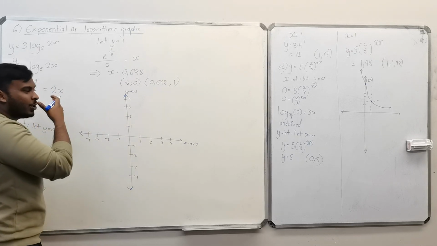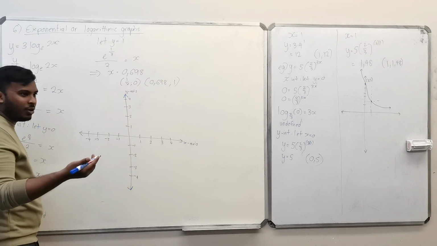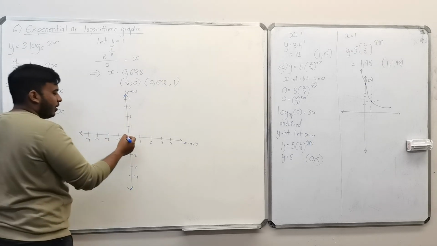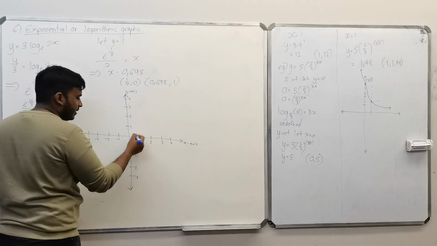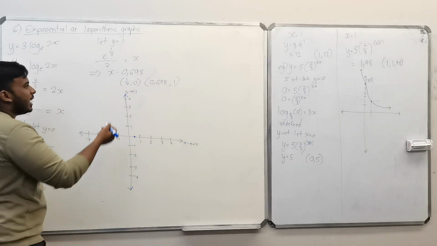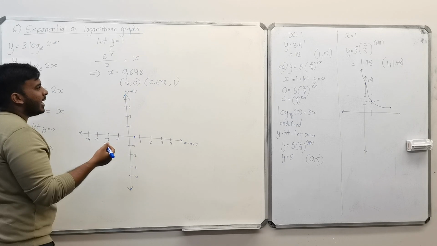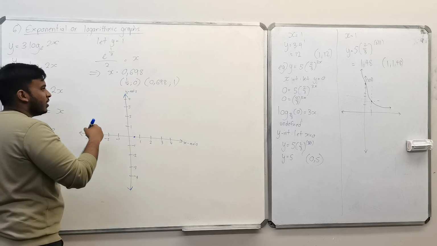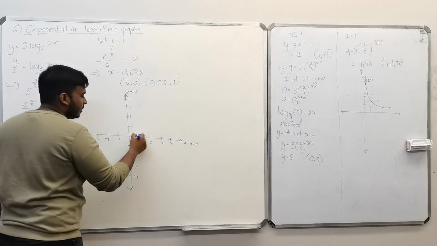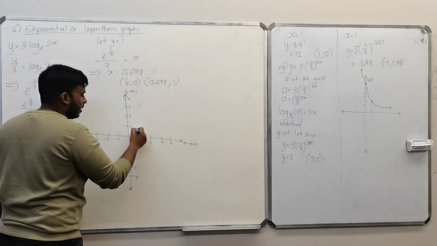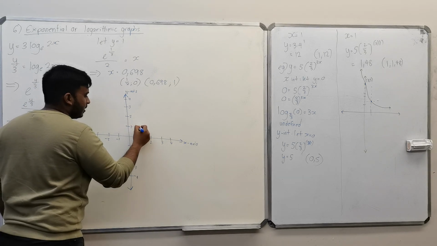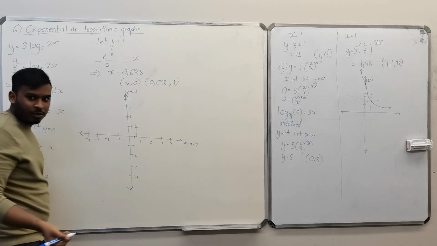Okay, 1 point you know is half and 0. Okay, the other value you know is 0.698 and 1. So say 0.698 is somewhere here, 1 is there. So that's the other point you know.